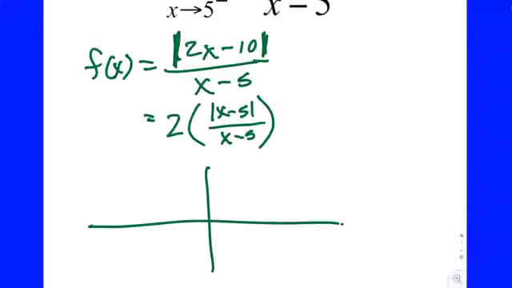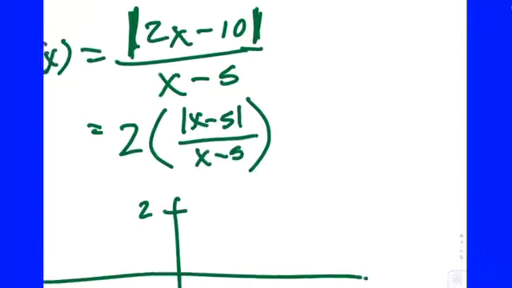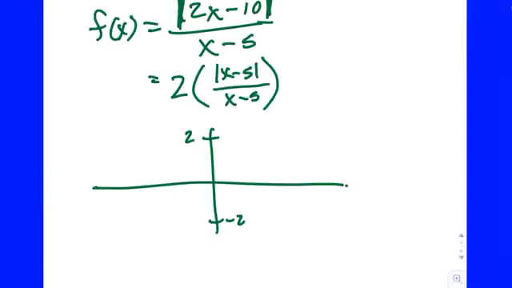First of all, what does multiplying any function by 2 do to its graph? If you have 2x squared versus 1x squared, the 2 is a vertical stretch, right, by a factor of 2. The y values are twice as big. So now instead of 1 and negative 1, it's 2 and negative 2. And what does replacing x with x minus 5 do to any function? Shifts it to the right.